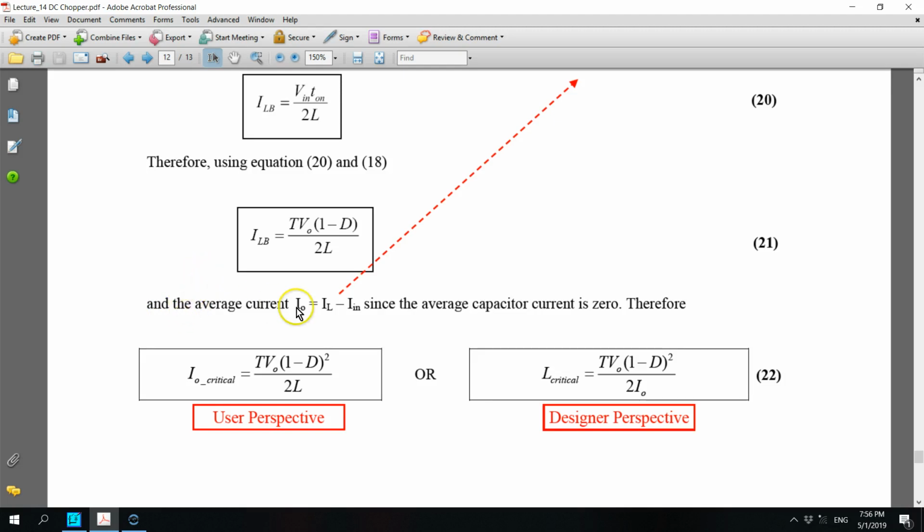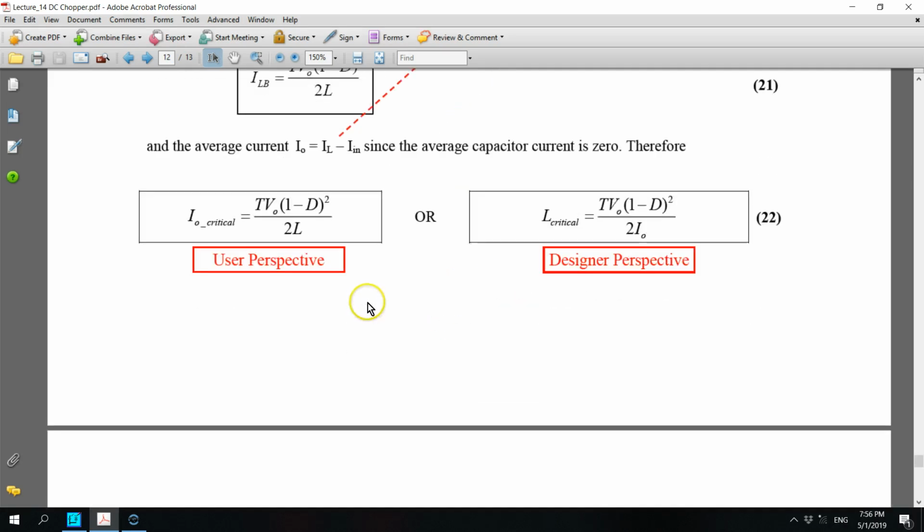And if you are a designer, you are given a specification from your customer, who needs a certain output current, so you know that the minimum inductor size that you can use is determined by this equation.